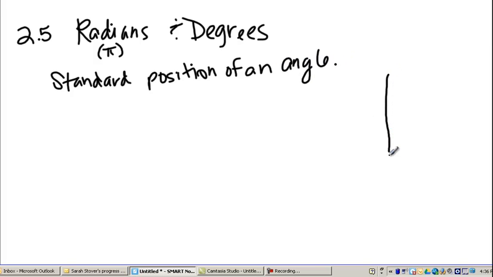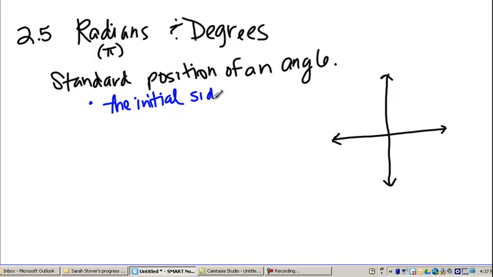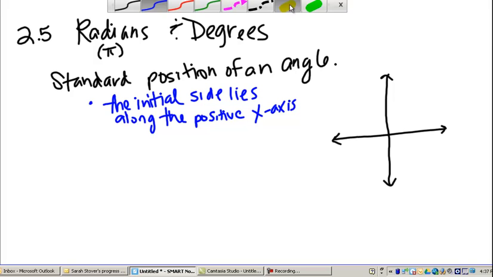Okay. So first off, draw a quadrant. First thing, the initial side lies along the positive x-axis, meaning right here.